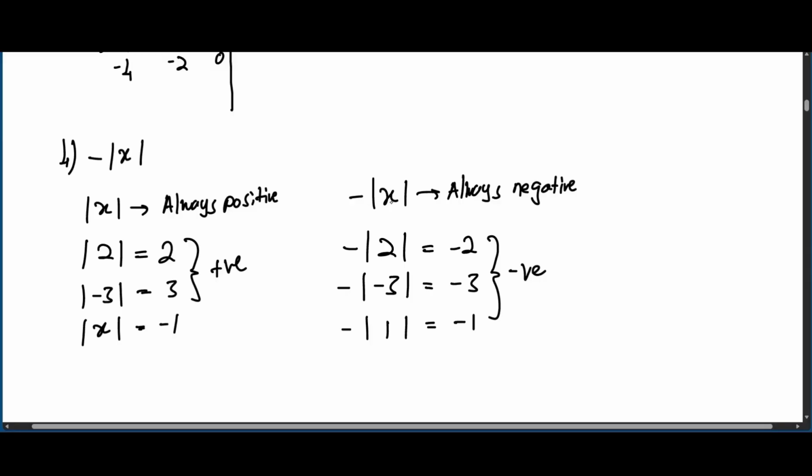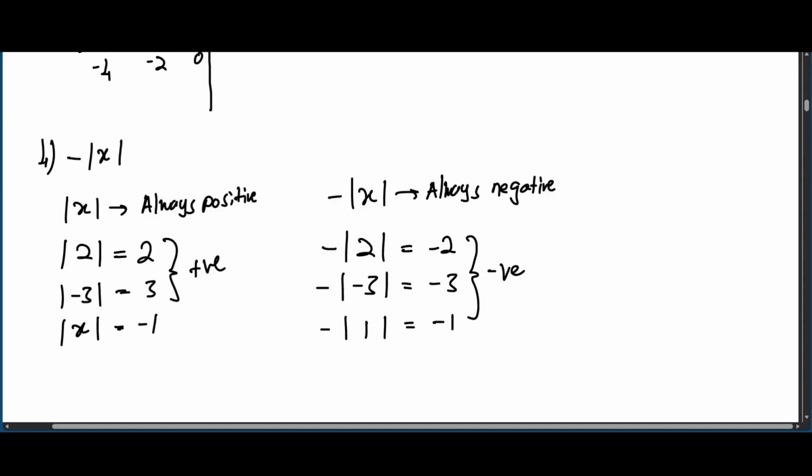the always negative version. One more thing for this, the graph for this always negative version will look like an upside down V. So the most basic graph would look like this, upside down V. Y-axis, x-axis, and this is y equals negative absolute value x.